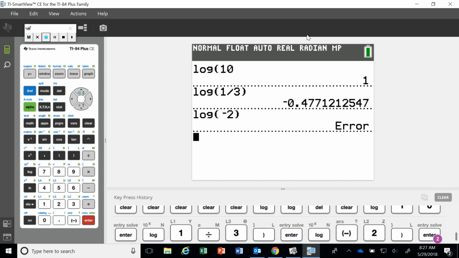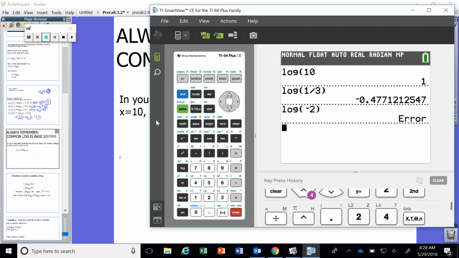And then I wanted us to see what was happening when we substitute a negative number in. Well, the problem is that we are not going to have a negative value because of the range of these logarithmic functions. So you should have gotten an error when you substituted that negative value in.